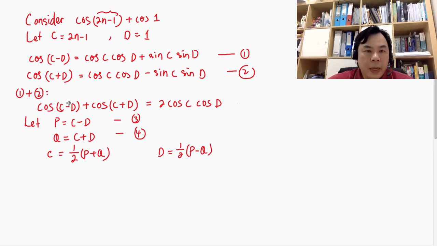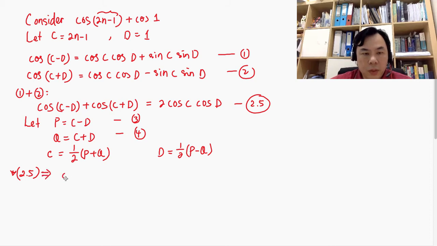So instead of writing that as c and d, we can actually convert equations 2 and 5, for instance. We can convert this into this.